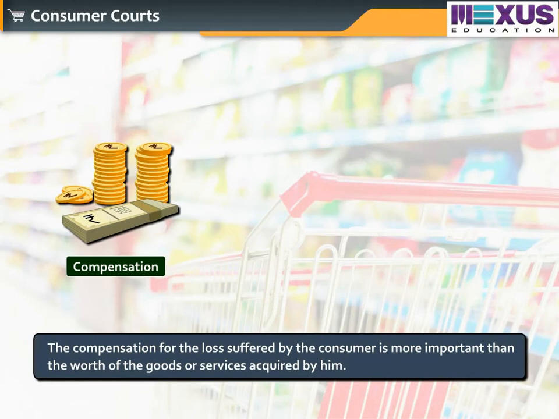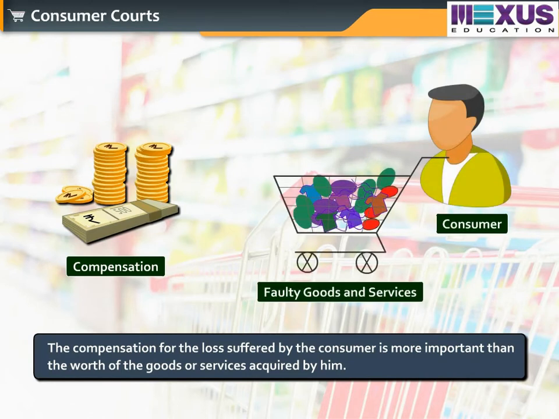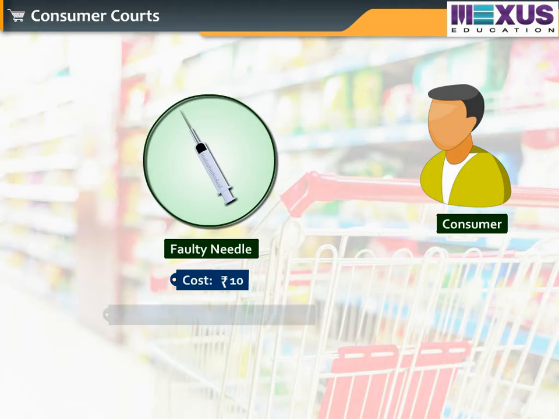The compensation for the loss suffered by the consumer is more important than the worth of the goods or services acquired by him. A consumer can file a compensation of rupees 10 lakhs for an infected injection tube of worth rupees 10 if it has affected him or her adversely.